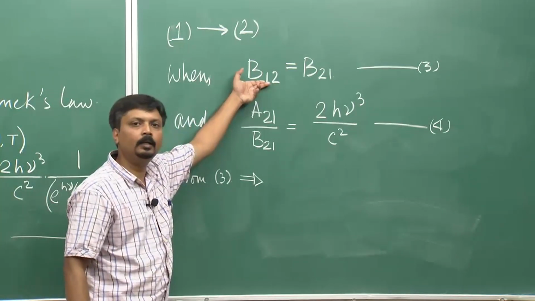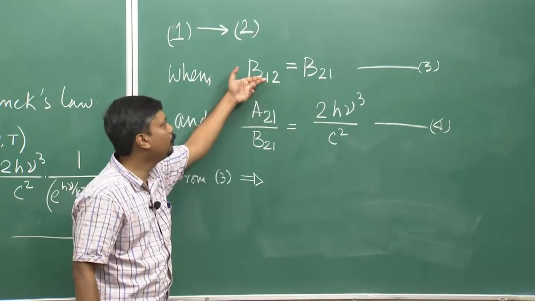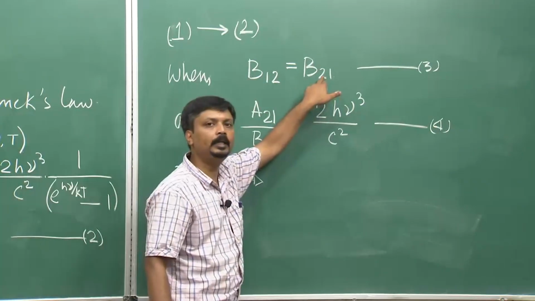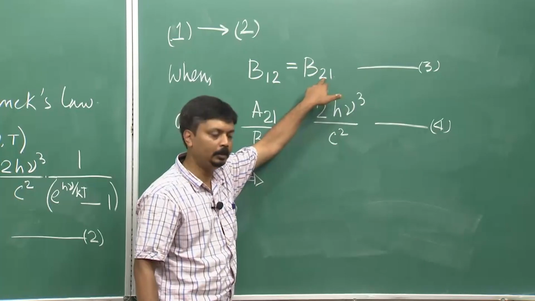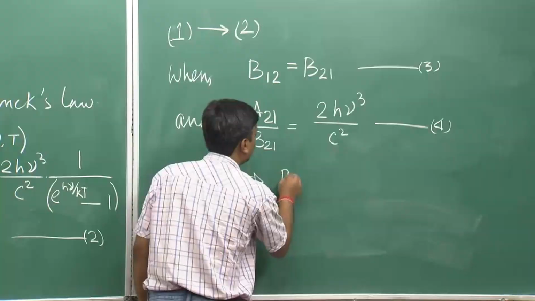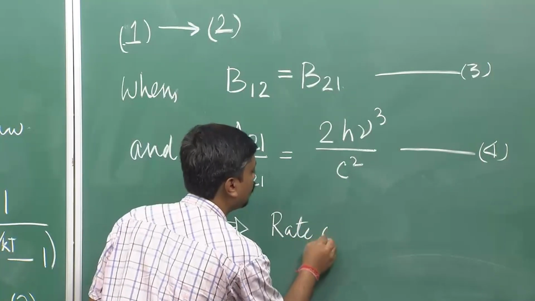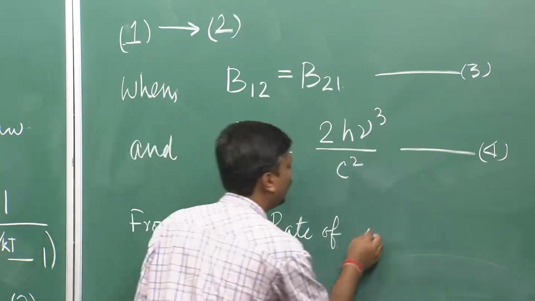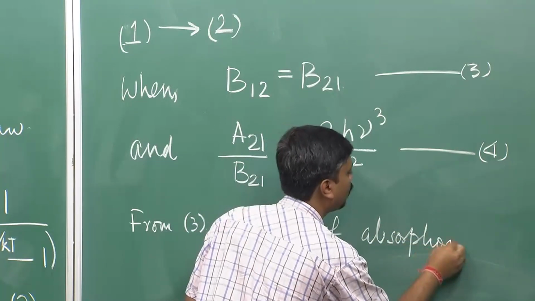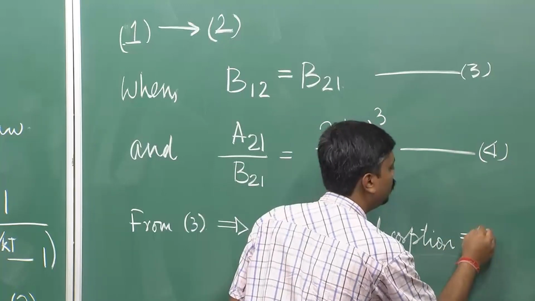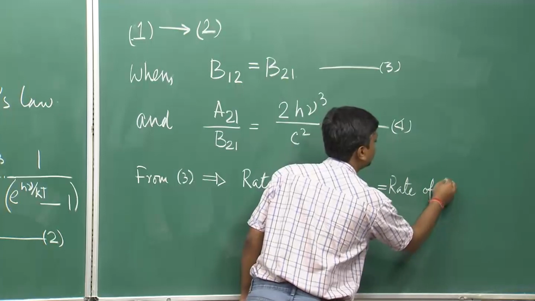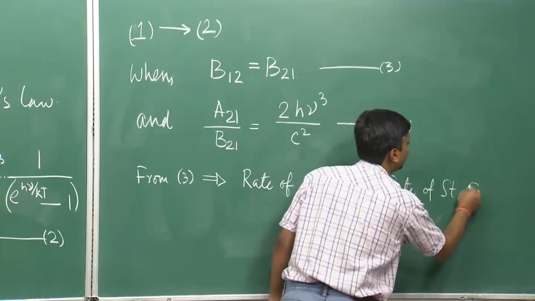B12 is the rate constant for absorption, and B21 is the rate constant for stimulated emission. So, in other words, I can say the rate of absorption is equal to the rate of stimulated emission.